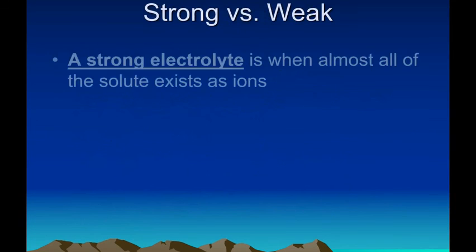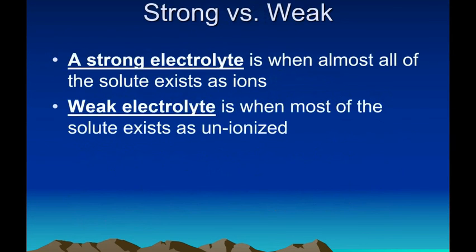Now, we have two different types of electrolytes. We have strong electrolytes and weak electrolytes. Strong electrolytes are ones that dissociate completely. They break down completely into their ions, whereas weak electrolytes, they do not break down completely. So there is still some of the solid that is left unionized, or it's not going to break down into its ions.